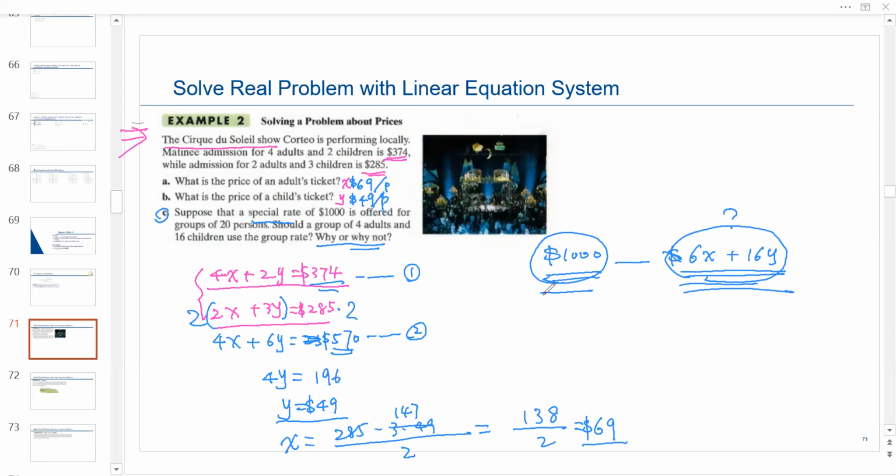If you pick the special group rate, you just spend $1,000. So if the actual ticket total is over $1,000, we like to use the group rate. If it is less than $1,000, we like to use actual tickets, right?